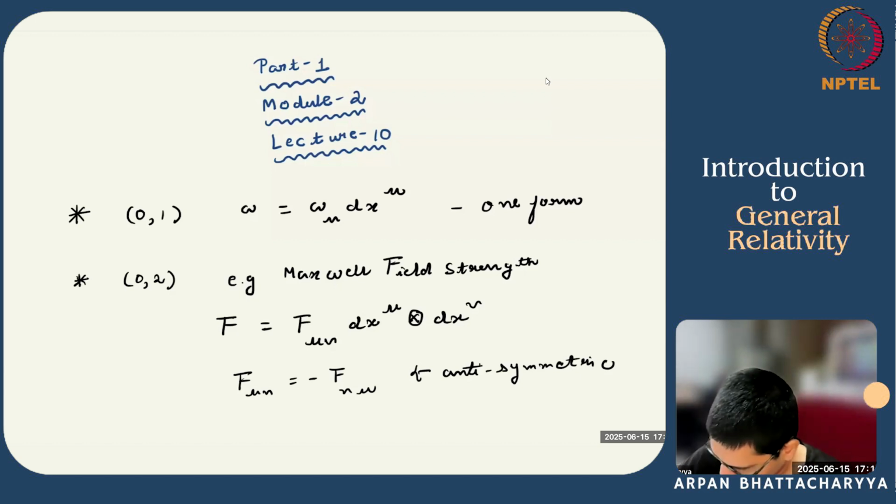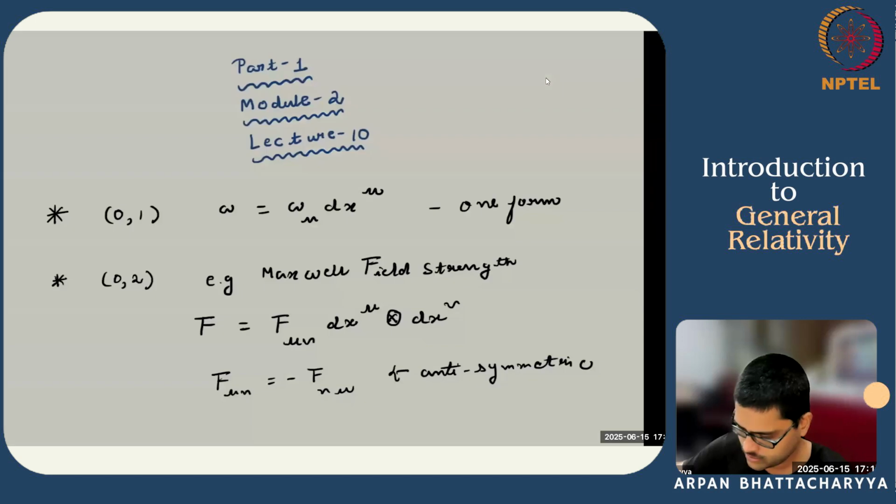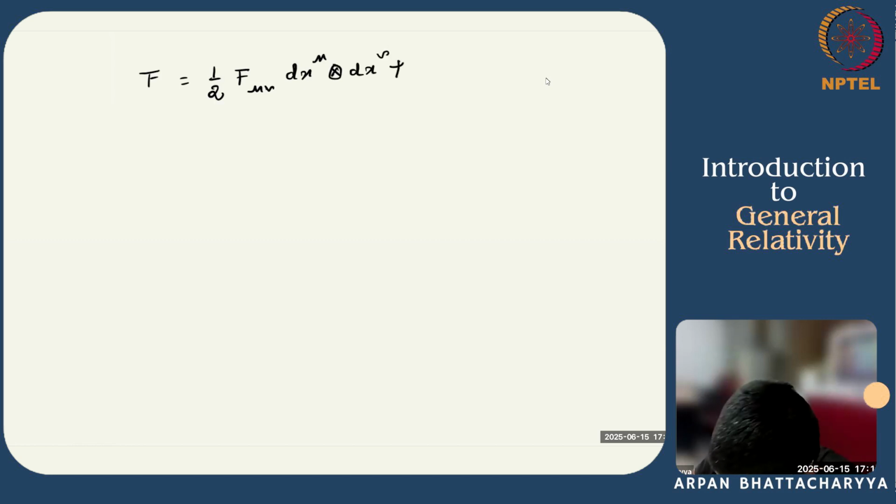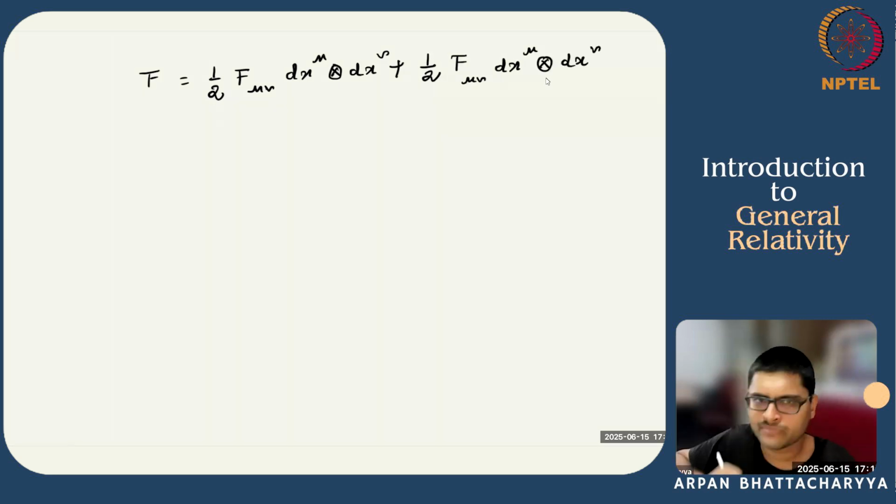Now let's try to rewrite this equation in the following way. F equals F_mu nu dx^mu tensor dx^nu.